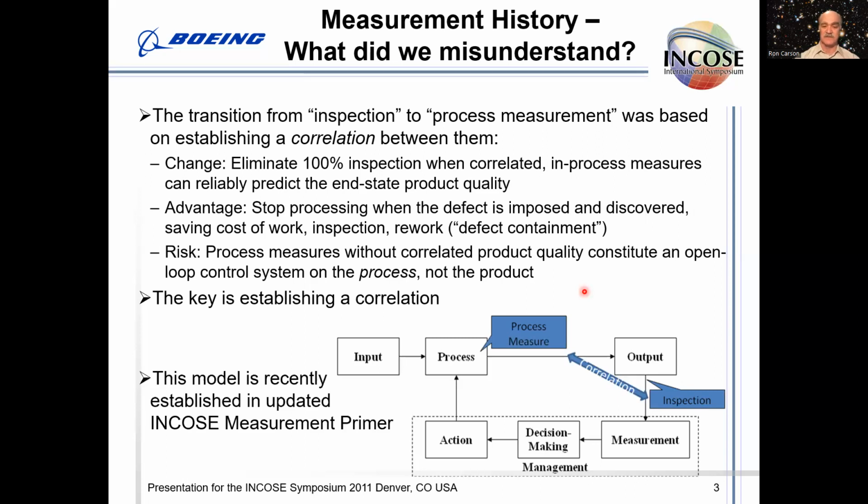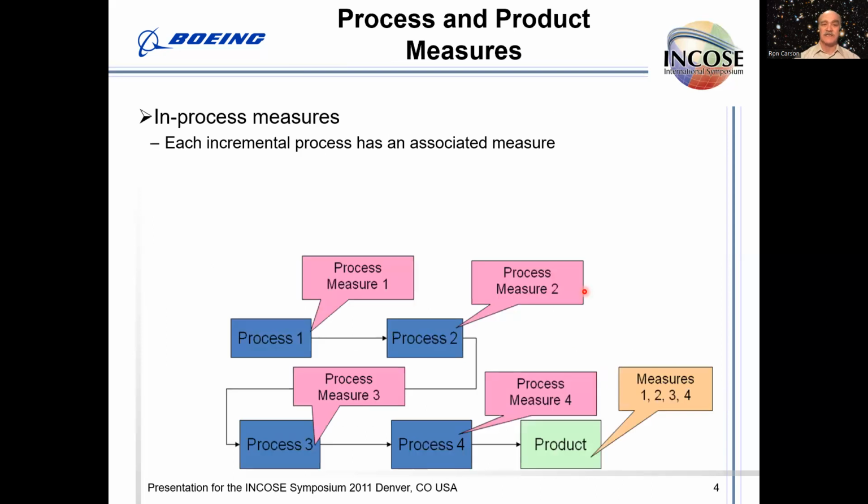So as I said, this diagram, a version of it, is in the INCOSE measurement primer, the about 2010 version, I think, was the latest. So as an example, in process measures, each incremental process has an associated measure.